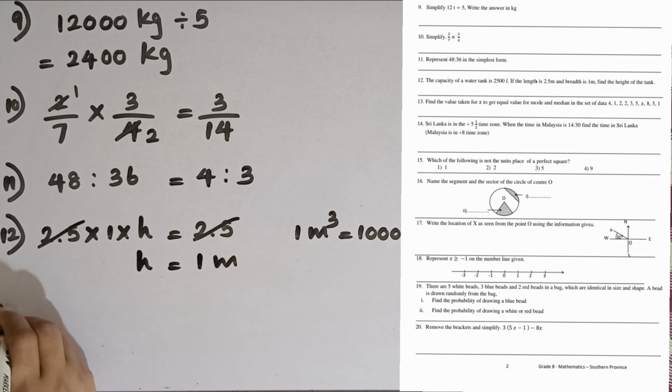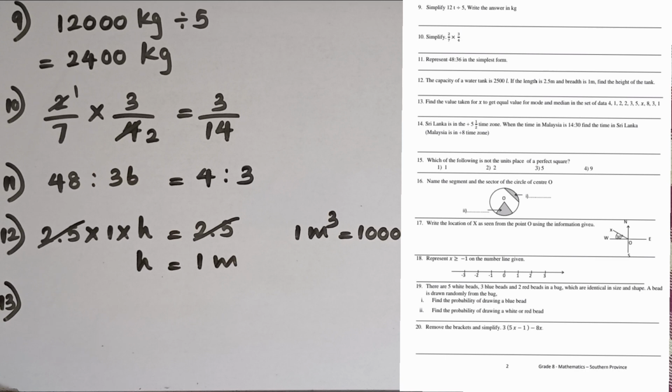Then question number 13. Find the value taken for x to get equal value for mode and median in the set of data. This is the data set given. There are four numbers including x here. We want a value for x. Here two ones are there, two twos and two threes.